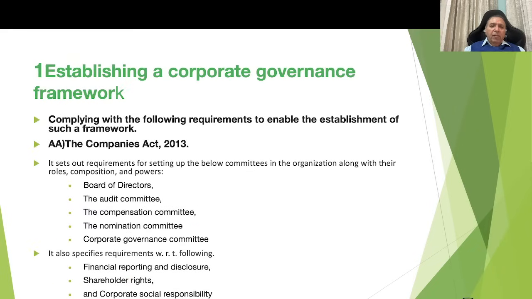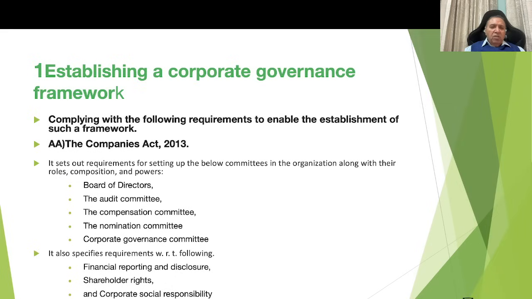Number 1, establishing a corporate governance framework. The most important thing is complying with the following essential requirements to enable the establishment of such a corporate governance framework. One is complying with the requirement of the Companies Act.